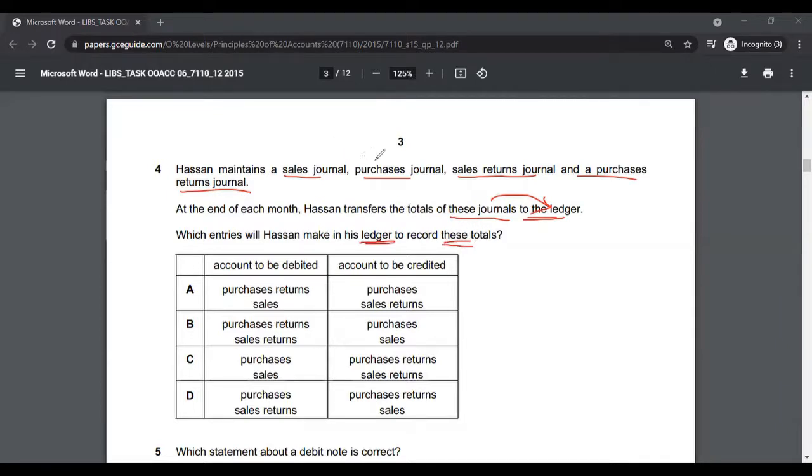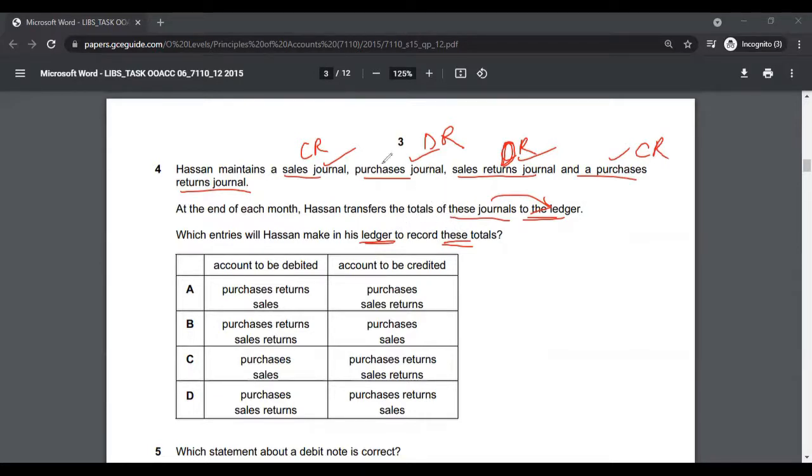So there are four types of journals here. The sales journal would have a credit balance, the purchases journal would have a debit balance, the sales returns journal would have a debit balance, and the purchase return journal would have a credit balance. So let's look through the options.